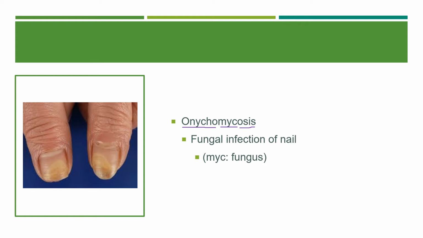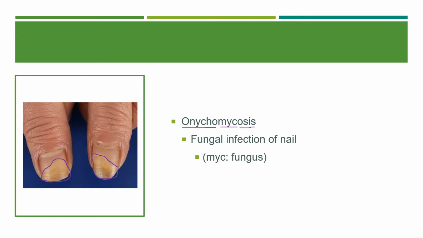And when you're looking at this picture right here, you can see that this person has this yellowish area underneath the fingernail hairs, and that is typical of a fungal infection underneath the nails. Now, where do we see a lot of this lately?